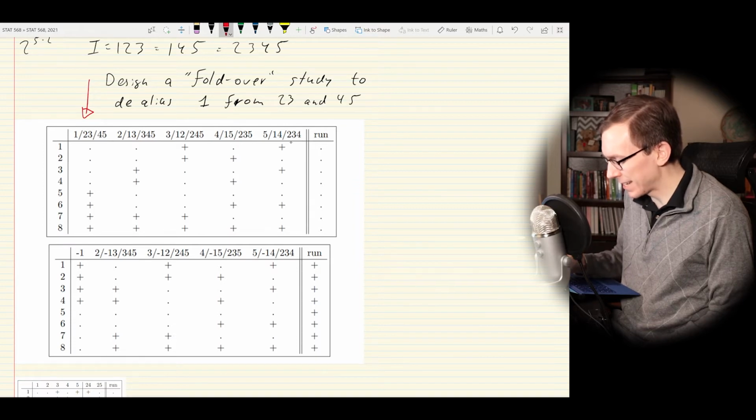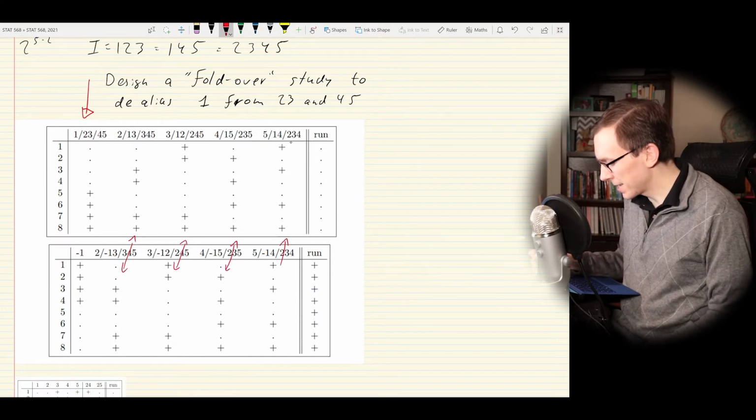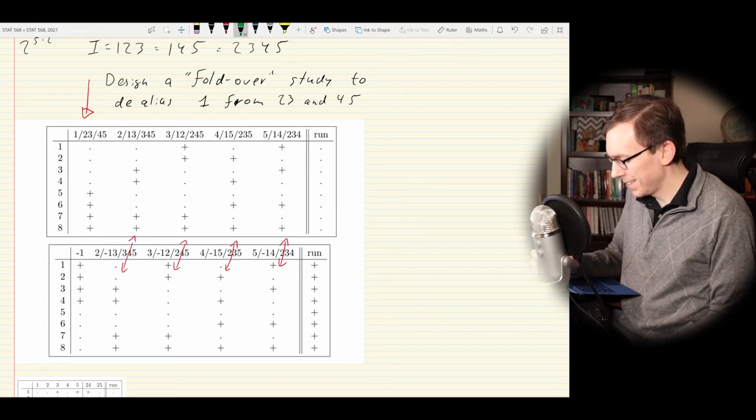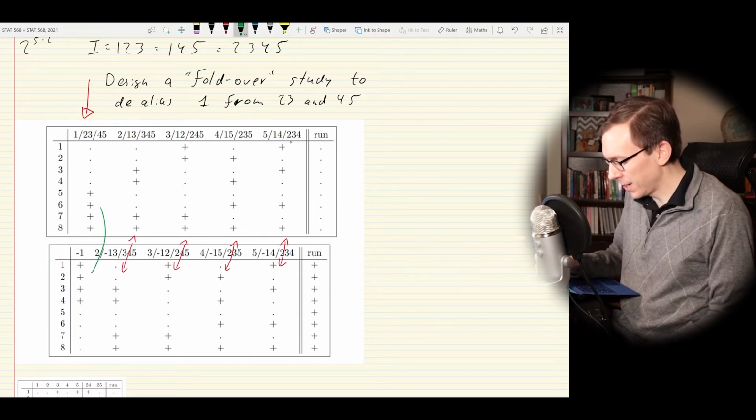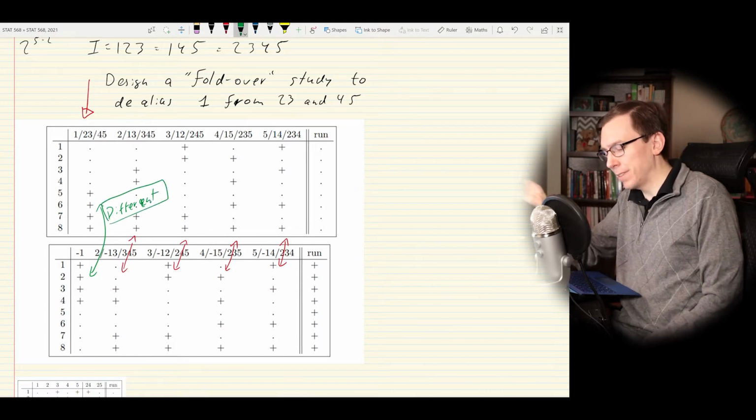But the point is that these are the same. These are the same. These are the same. And these are the same. But these two columns are different. And they're different by flipping the signs, right?